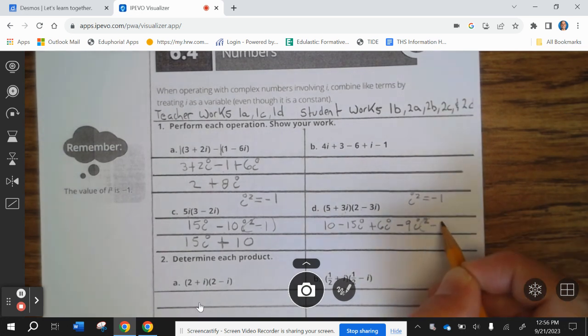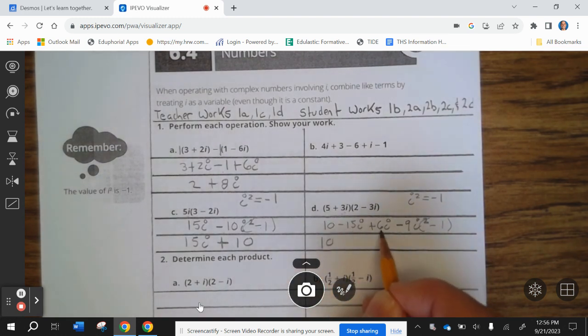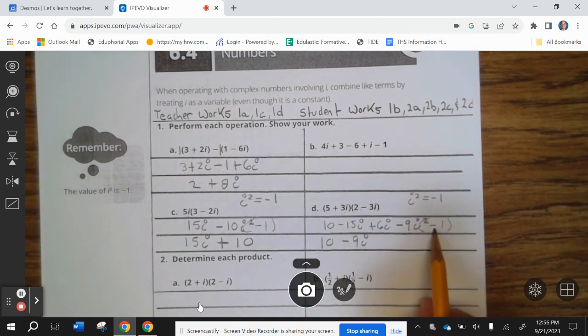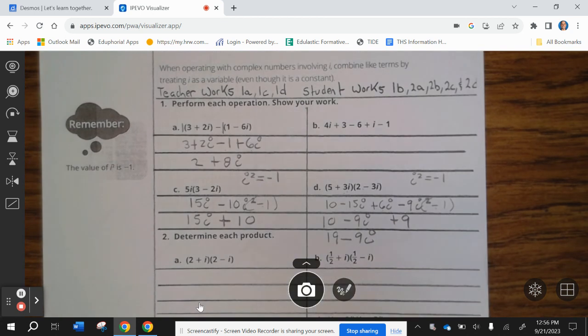Let's just do this. 10. Negative 15i plus 6i is minus 9i. Negative 9 times negative 1 is plus 9. 10 plus 9 is 19, so we have 19 minus 9i. All right?